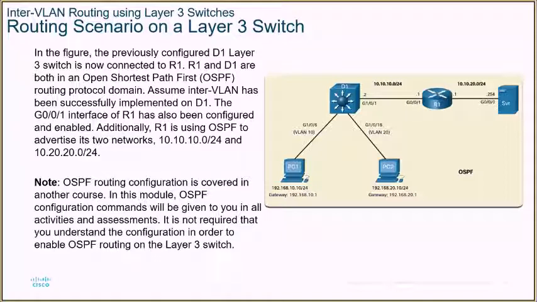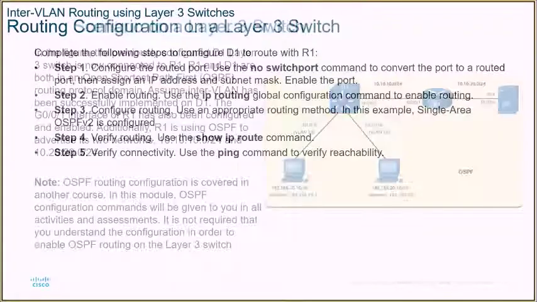Additionally, R1 is using OSPF to advertise networks. OSPF routing configuration is covered in another course. In this module, OSPF configuration commands will be given to you in all activities and assessments. It's not required that you understand the configuration in order to enable OSPF routing, because I haven't done routing protocols yet.